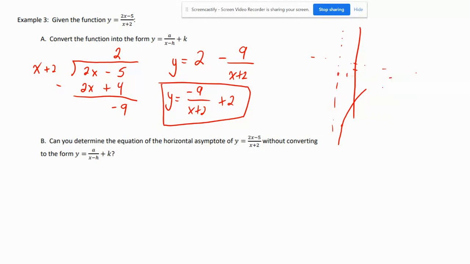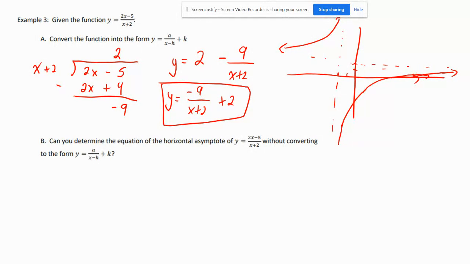This graph's going to look like this, and then like this guy over here. Now, the idea is, with this vertical asymptote like this, as x keeps getting bigger and bigger and bigger, these y values are going to start approaching this one over here.